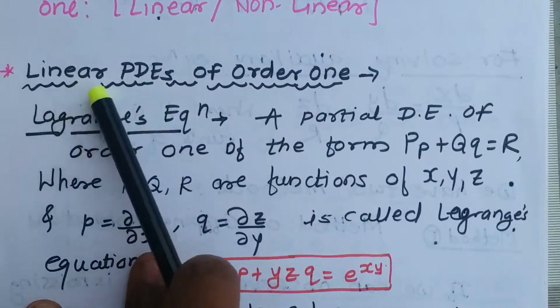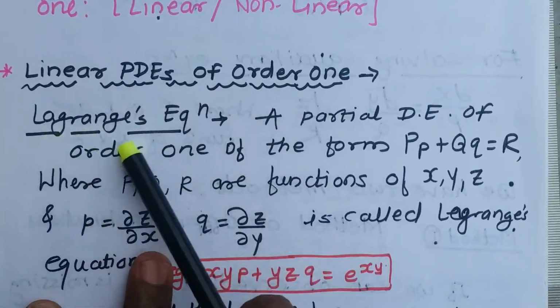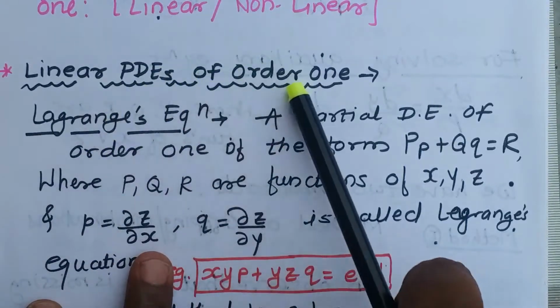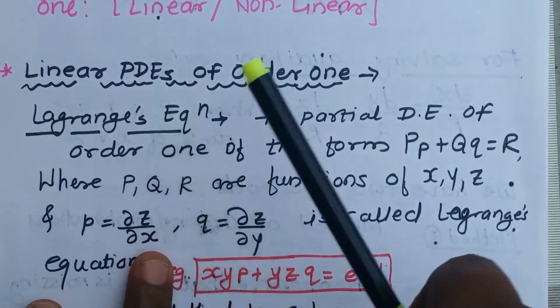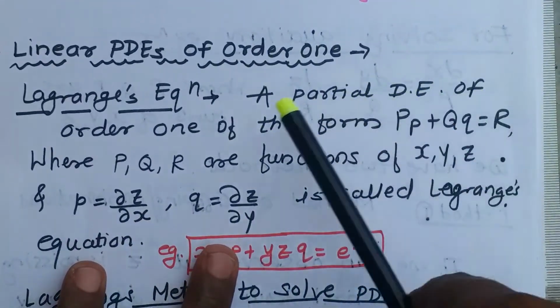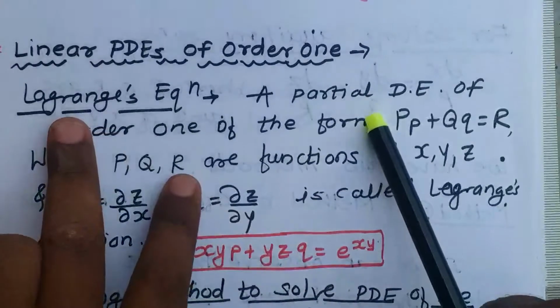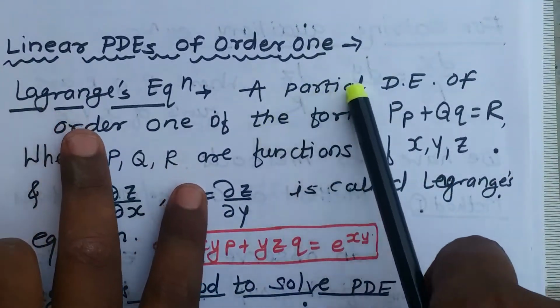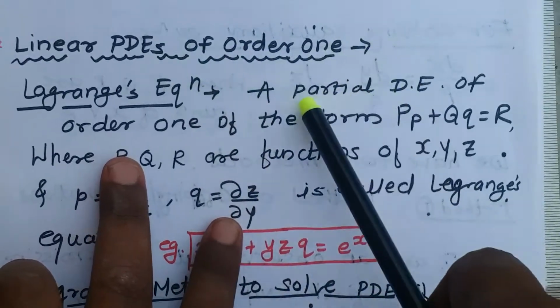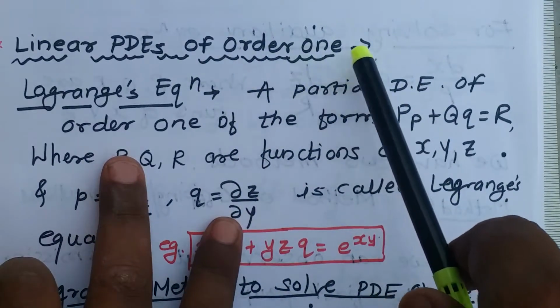In linear partial differential equations of order 1, we are going to solve one special type, called Lagrange's equations. A partial differential equation of order 1, it is linear, also called quasilinear, but we are not going into detail of that.